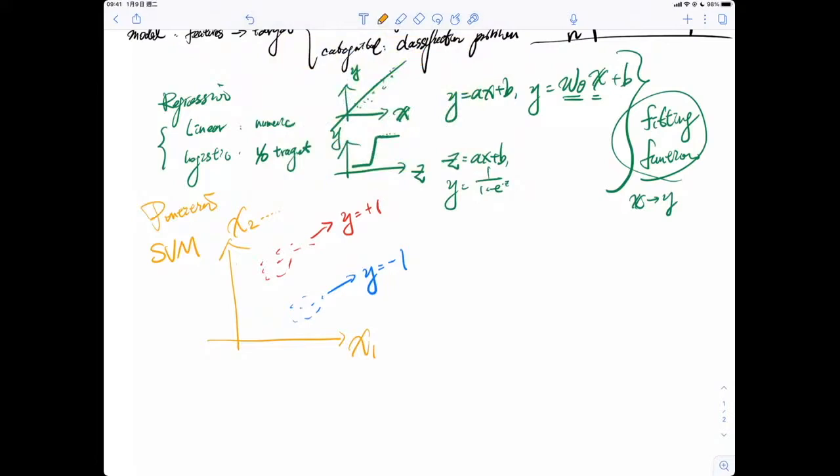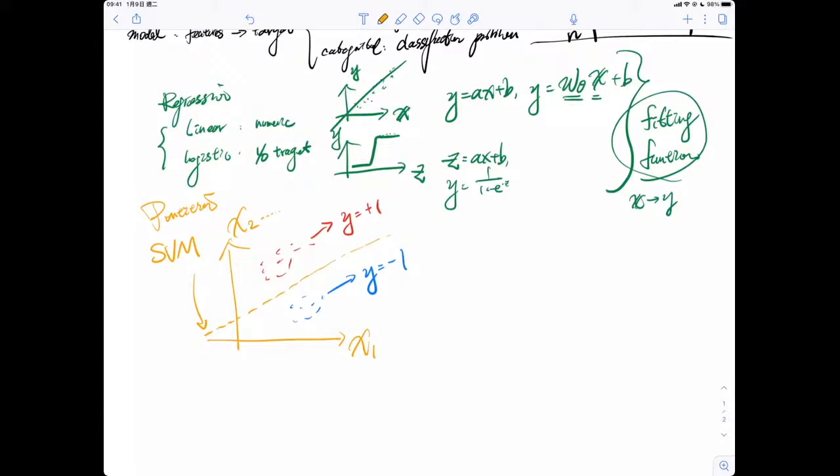The original space can be used to represent the training data, because we have a lot of training data right here. We try to find a way, for example, this line, which is the SVM line, to partition the original data. So basically, it is also a classification problem that falls into this category.